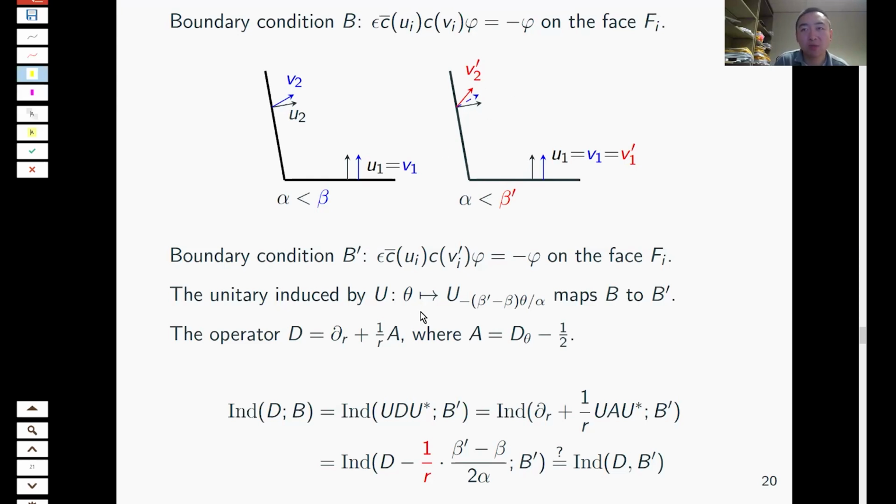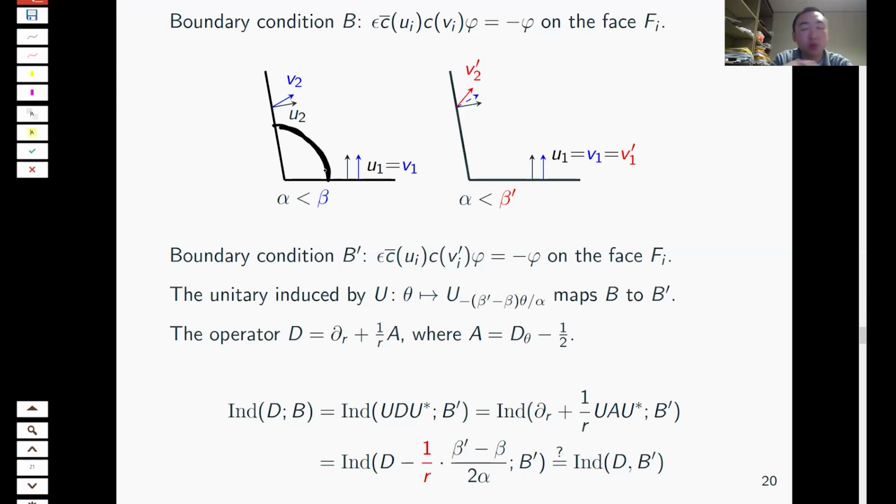Now the new boundary condition B prime is given by the vectors ui and the vectors vi prime. To talk about whether the index is the same, we have to restrict our computation of the index to the same space with the same boundary condition. So we can introduce a unitary that maps B to B prime. You can see here, let me draw an arc.